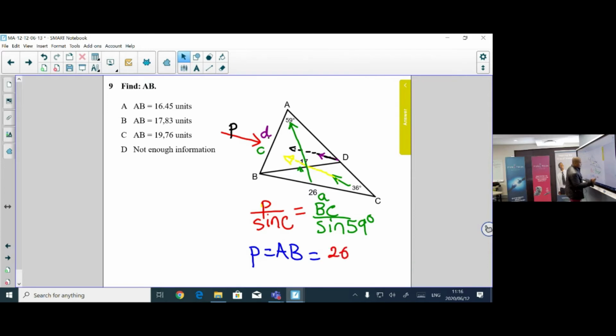This could be centimeters or millimeters. We are not given the units, times sine C, which is 36, all over sine 59. Okay. So this should give you the desired side AB.